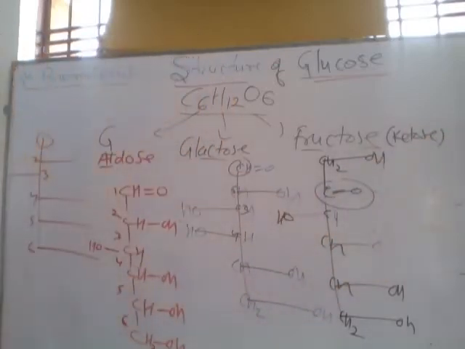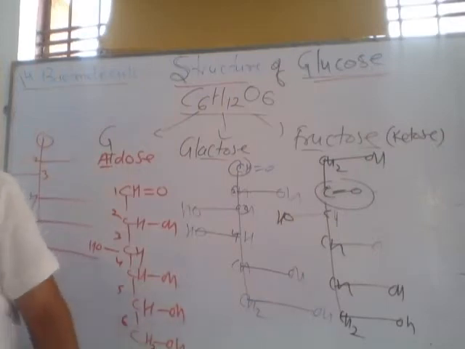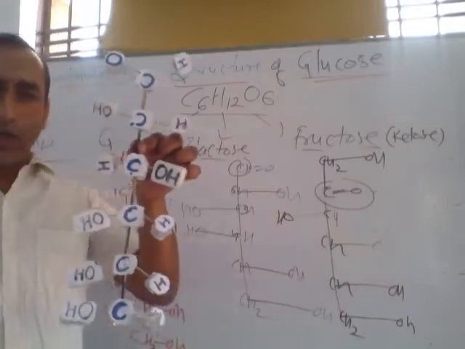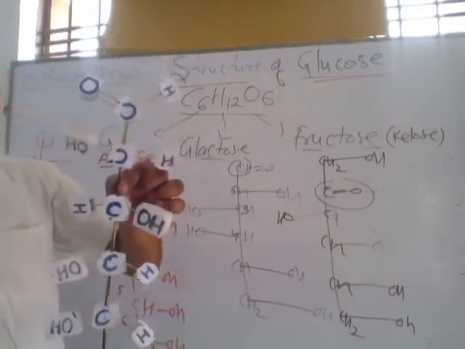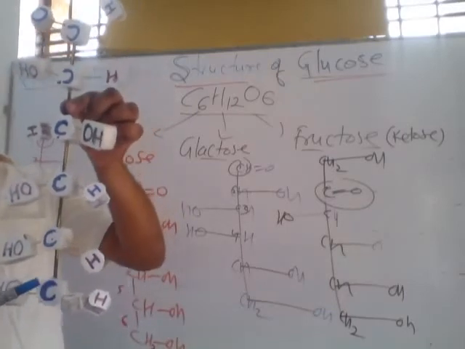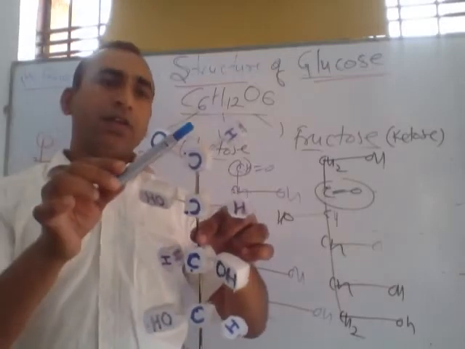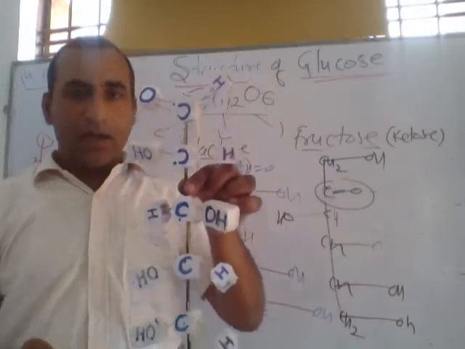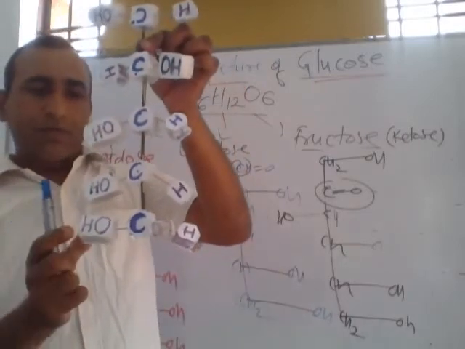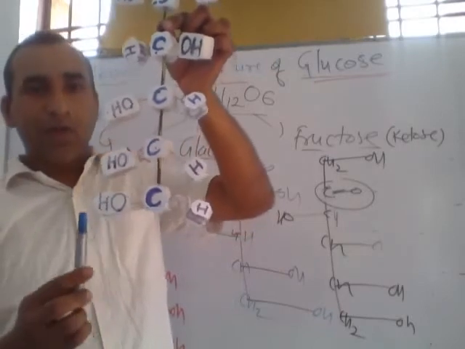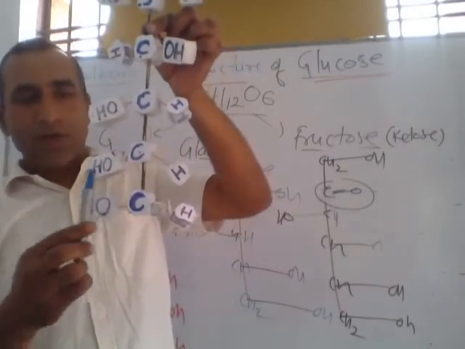Listen, these three structures we can easily remember with the help of this model. In this model you can observe that there are a total of 6 carbons. You can count 1, 2, 3, 4, 5, 6 carbon. On the top of this compound there is C double bond O and H, and all others have the orientation of OH on the left side, OH, OH, OH.